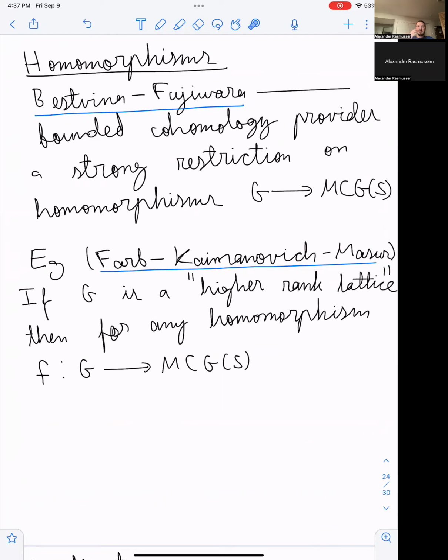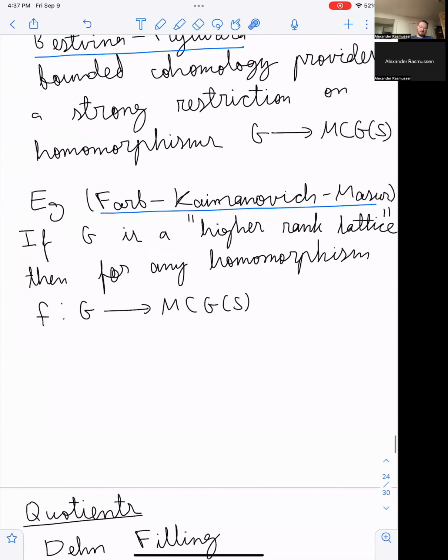So for a long time, mapping class groups have been studied in a way analogous to lattices in higher rank Lie groups. And people have wondered, are they somehow almost isomorphic to higher rank lattices? Do higher rank lattices embed in mapping class groups in infinite and interesting ways?